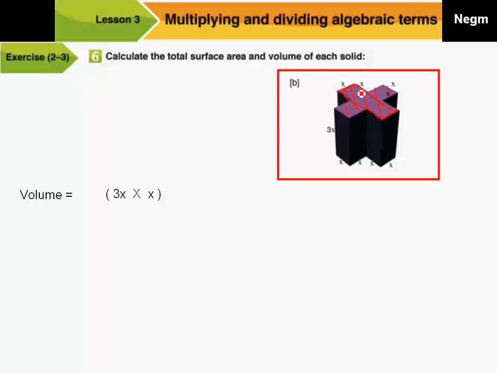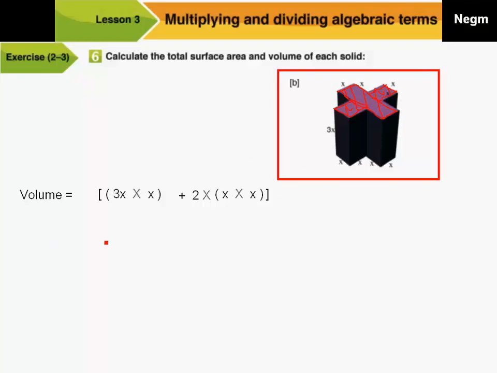The area of this rectangle is 3x times x plus the area of these two equal shapes. This one plus this one. The area of one is x times x times 2. This summation is the area of the base because the base has the same shape of this shape.